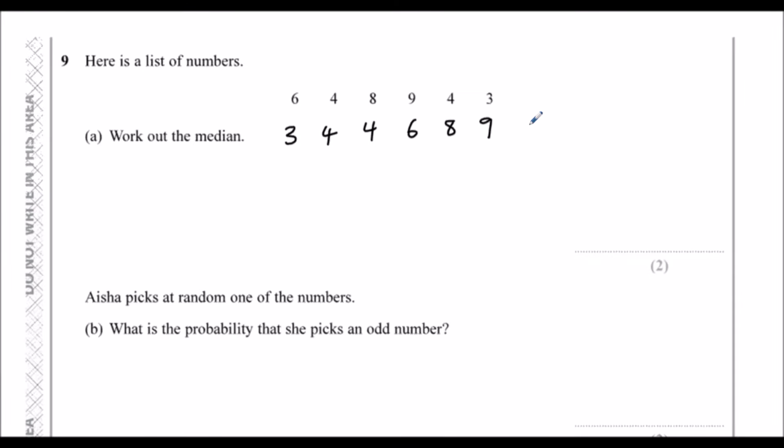So we've rewritten them in order. So where's the middle number? So if we cross off 2 from each side, we're left with 2 numbers in the middle. So when that happens, we go halfway between the 2 numbers that are left. So halfway between, or what's the middle of 4 and 6? The middle of 4 and 6 is 5. So the median is 5.